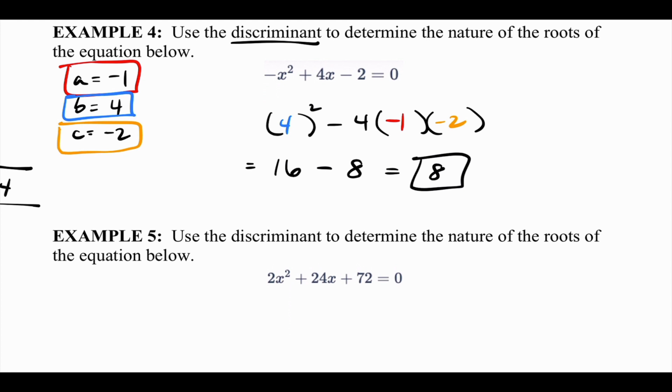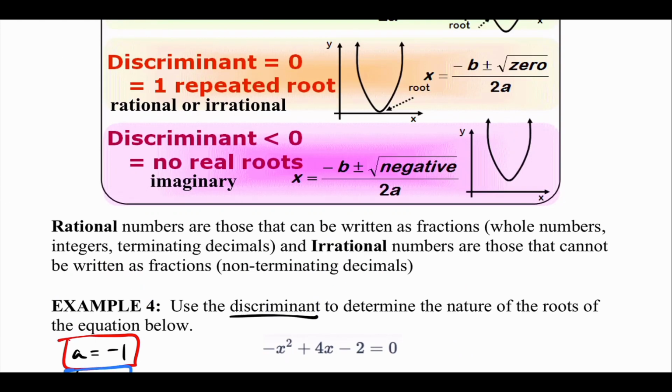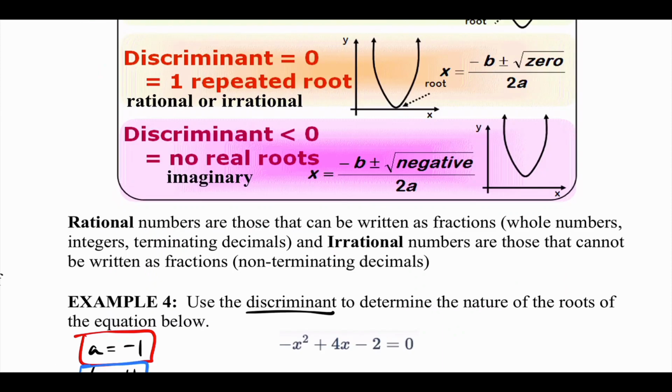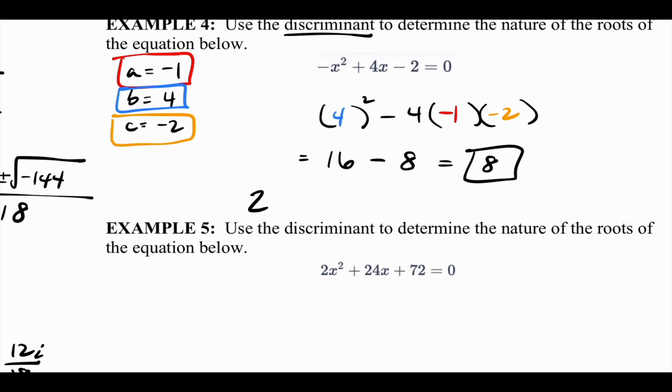So let's go back up to the top. Which of the 3 categories does it fit into? Is it greater than 0, equal to 0, or less than 0? Greater than 0. So we're going to have 2 real roots. How do I know if they're going to be rational or irrational?